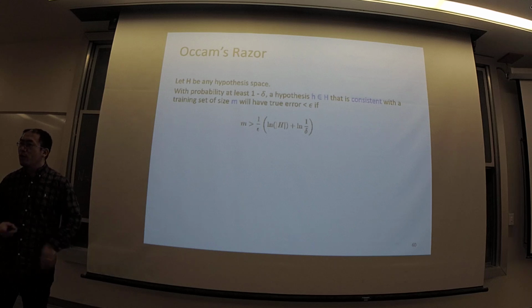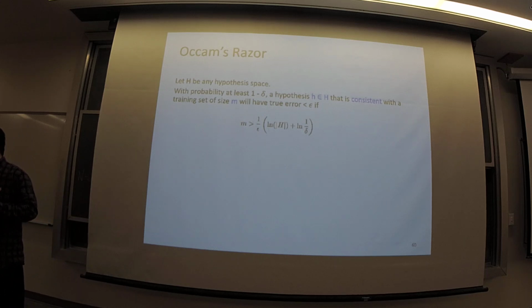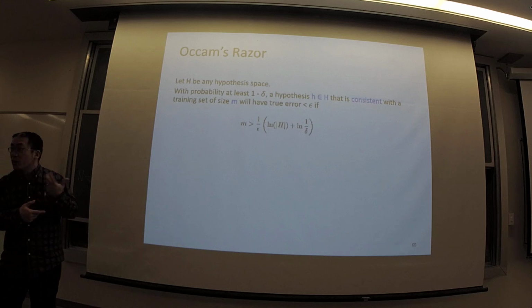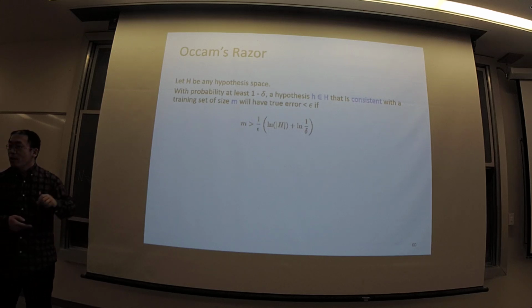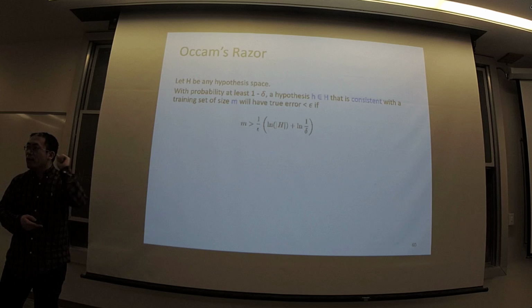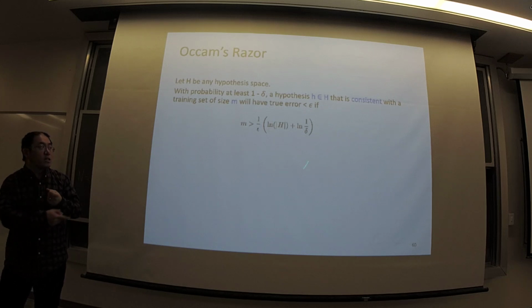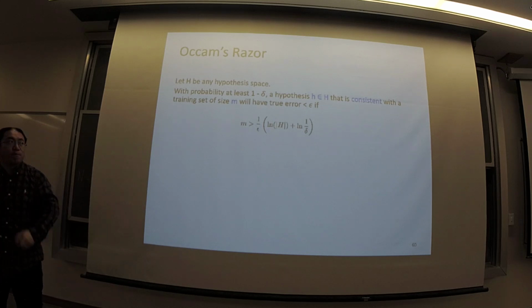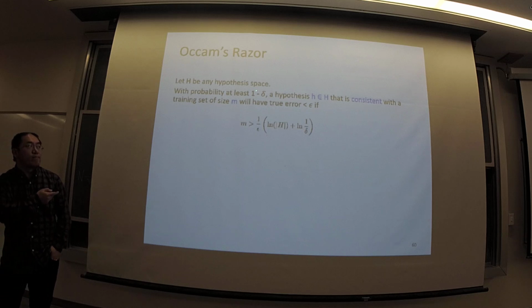In other words, if your machine learning algorithm, which we call a consistent learner, is guaranteed to produce a hypothesis with 0 training error, then as long as the number of training examples you feed to your learner is bigger than this, you can guarantee with high chance, at least 1 minus delta, that your learned hypothesis has true error at most epsilon.